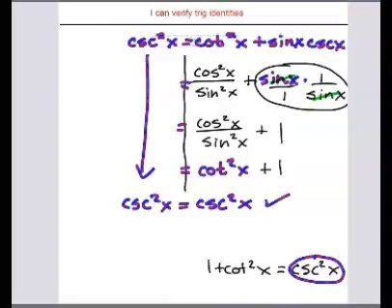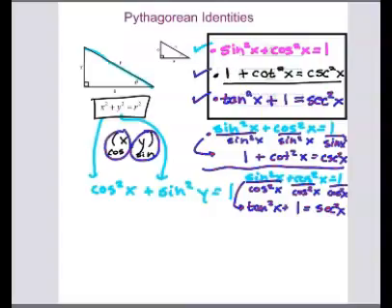So it's kind of just looking at these things, and again, when you see cosecant squared, cotangent squared, sine squared, cosine squared, when you see any of those squareds, make sure you go back and look at those identities and see if anything rings a bell.